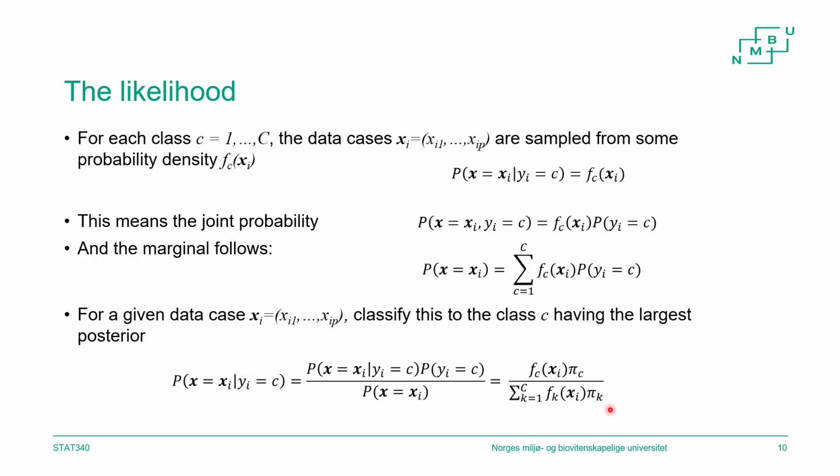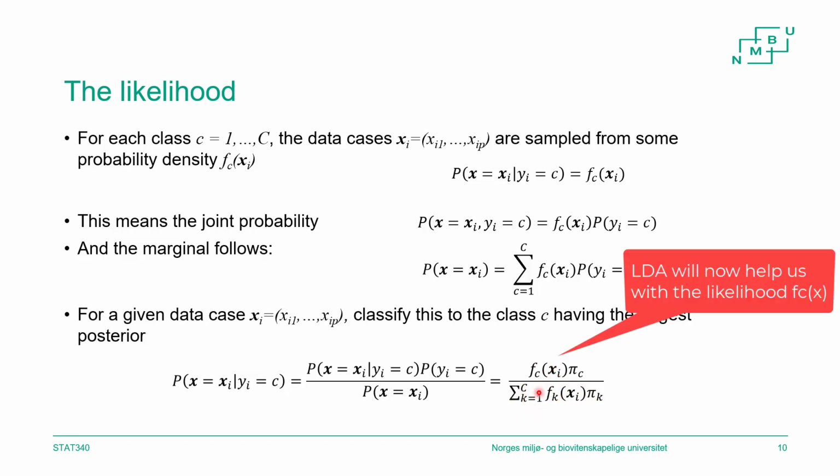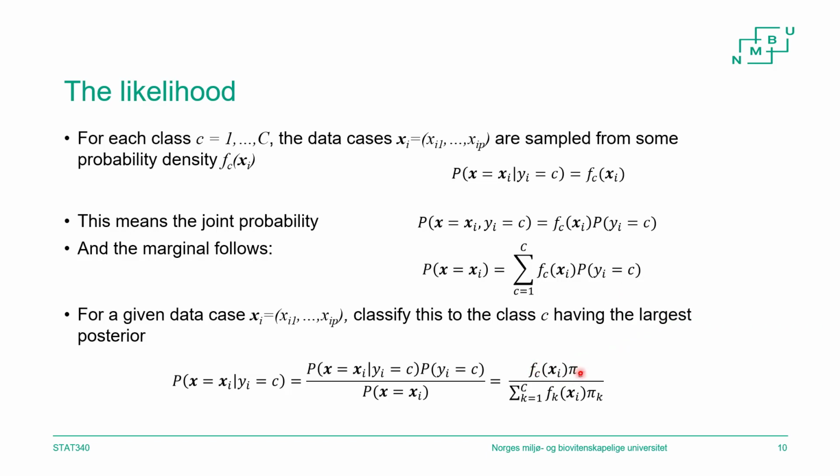This becomes the fraction we want to use, and we want to compute this. So we need the likelihood and the prior, and this one follows from the same. Can you see that? It's just a sum. If you have f of every c and pi of every c, the rest follows.